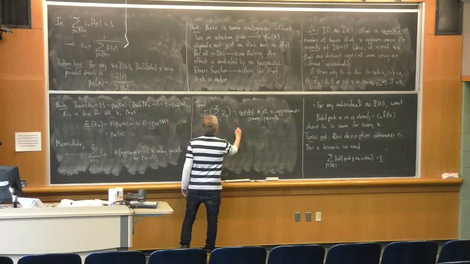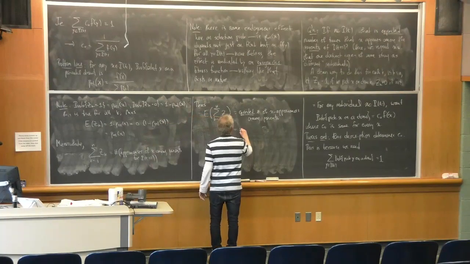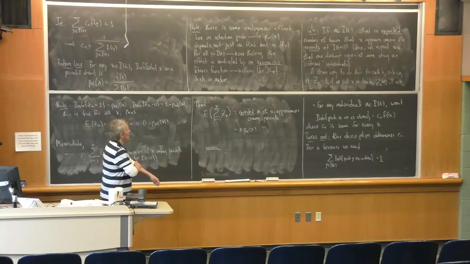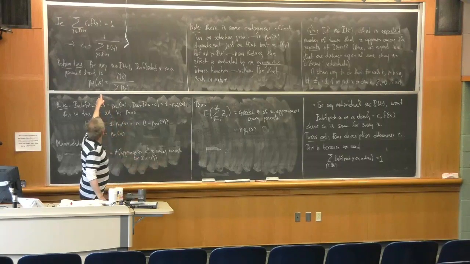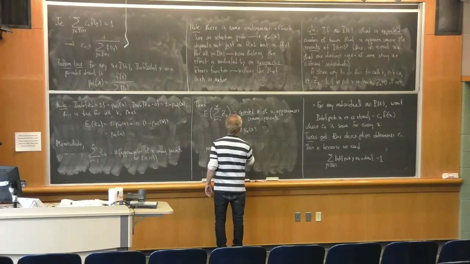And by this calculation here, this is equal to n times p sel of x. Now, what is n times p sel of x? We have a formula for p sel of x. So that's n times f of x over the sum of all the fitnesses of all the strings in P of t.